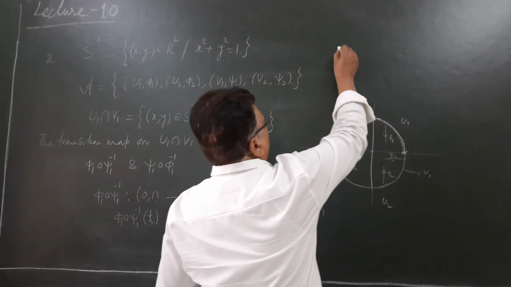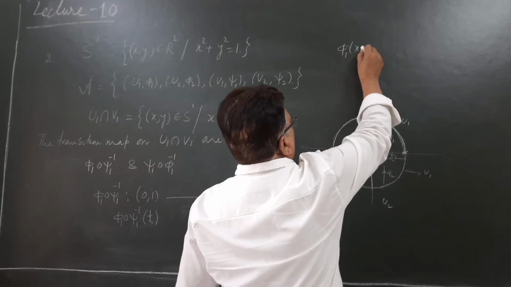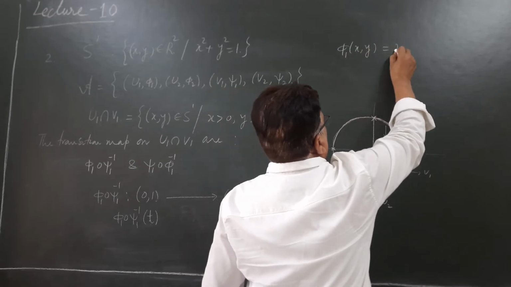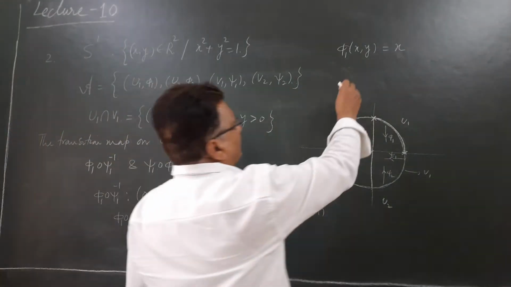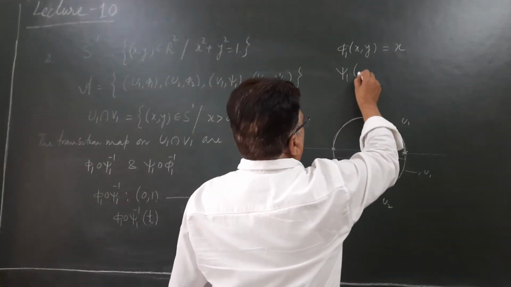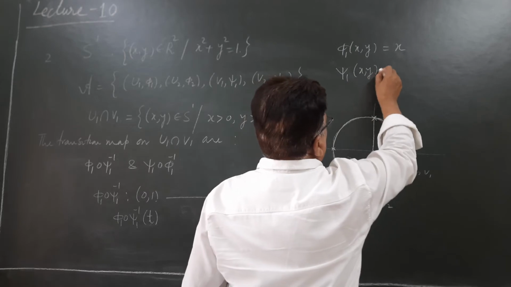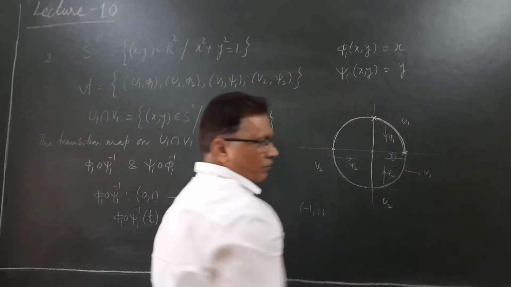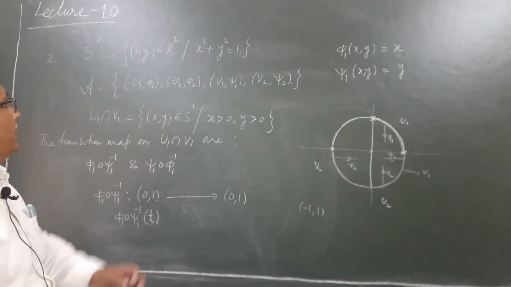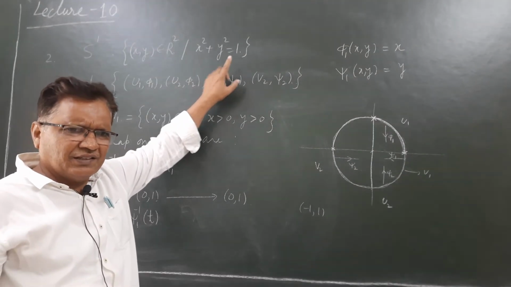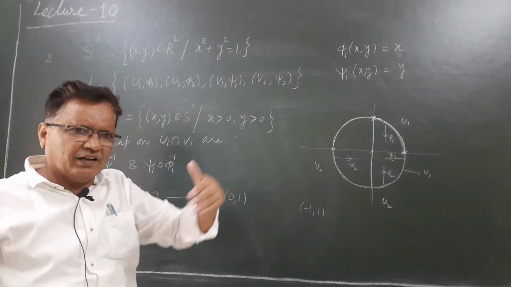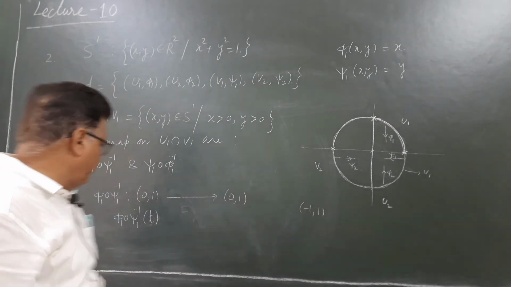Phi 1 of (x,y) was equal to x. Am I right? And psi 1 of (x,y), if you remember, its definition was y. x and y are related by this relation: x square plus y square at every point of the circle is 1. So x and y are dependent on each other.